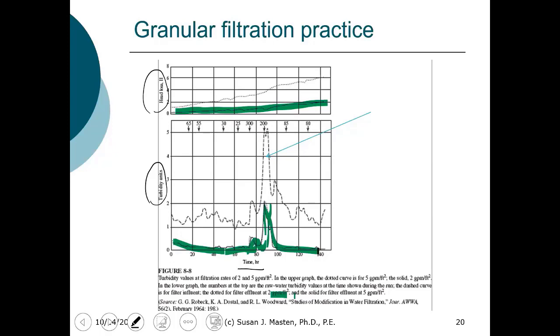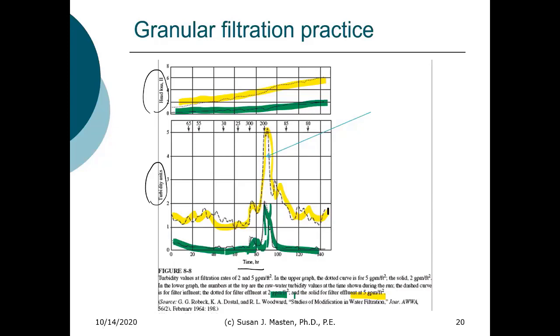So it's the turbidity in the effluent. The yellow is the head loss for the filter effluent at 5 gallons per minute per square foot, so increased by a factor of 2.5. And this is the effluent turbidity.